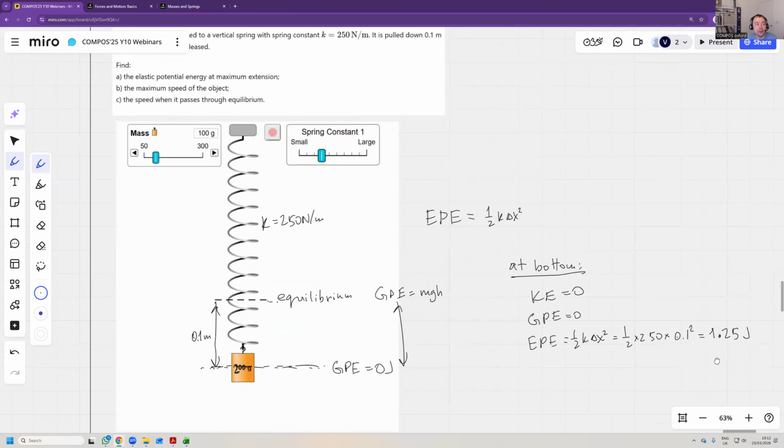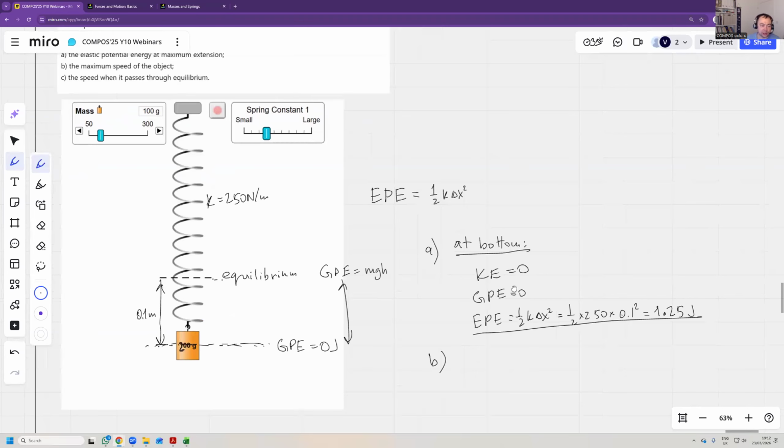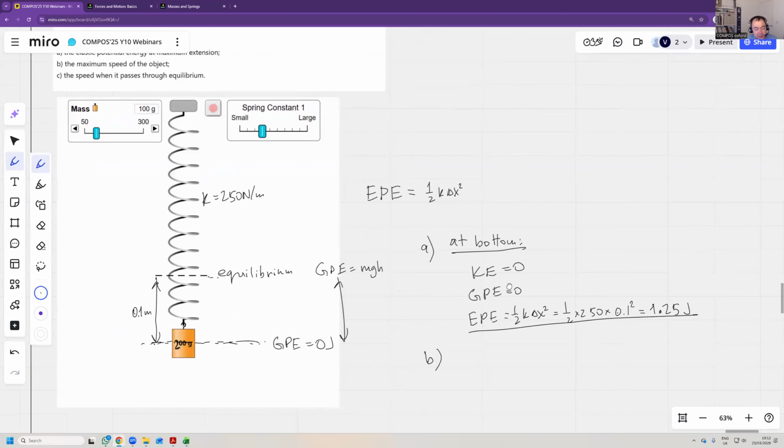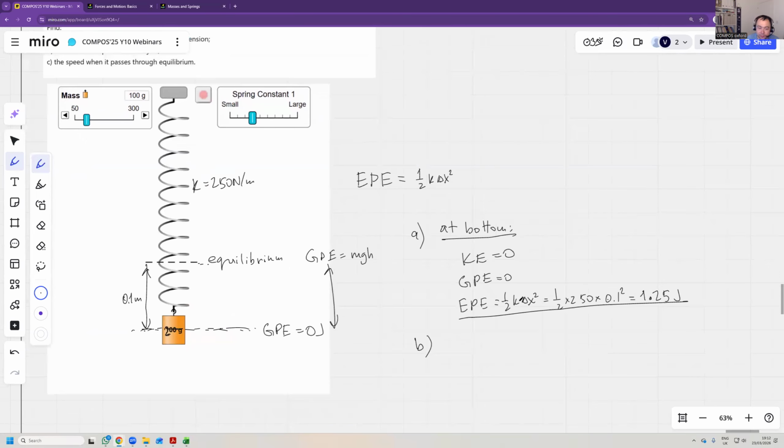Right. Now, when we release, that's for question A. Elastic potential energy is this. B. The maximum speed of the object. So it will have a maximum speed at the equilibrium position. V is max at equilibrium.